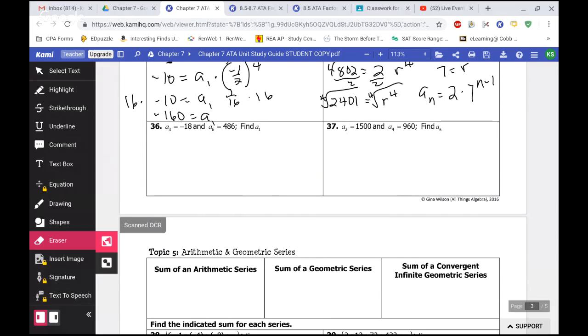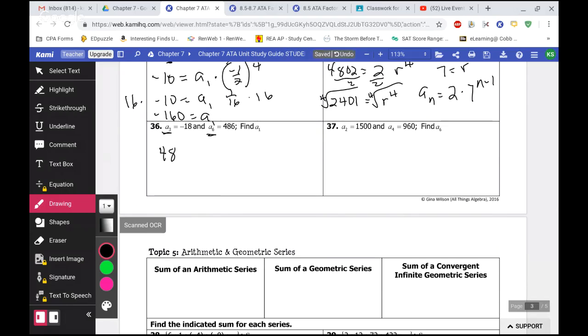What we can do, though, is take the difference between where this happens and where this happens. We could take the value of the 6th term, plug in the value of the 3rd term where A sub 1 would normally be, and then figure out what the ratio would be for the distance between these.